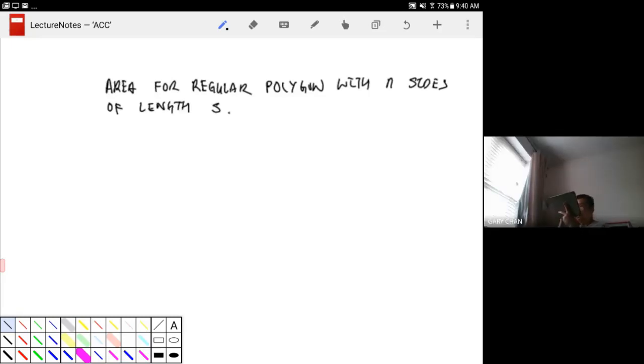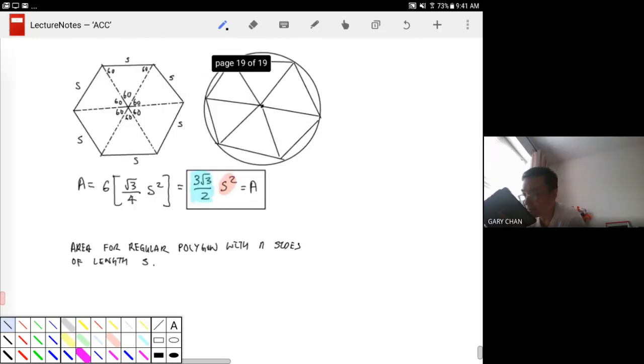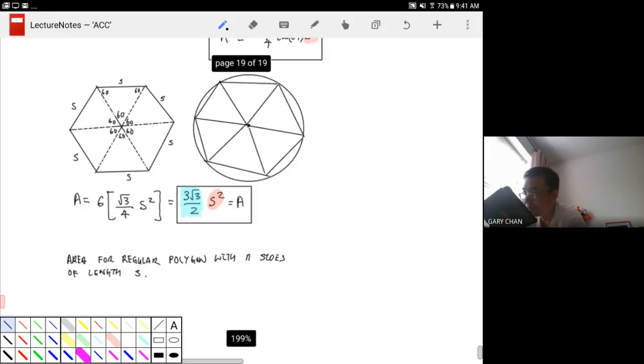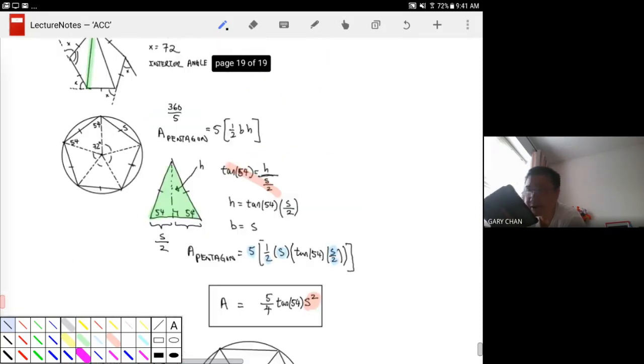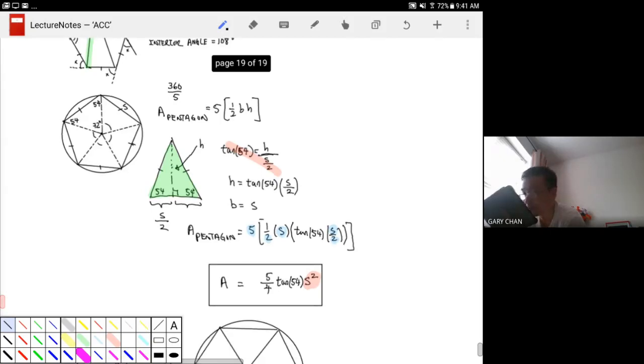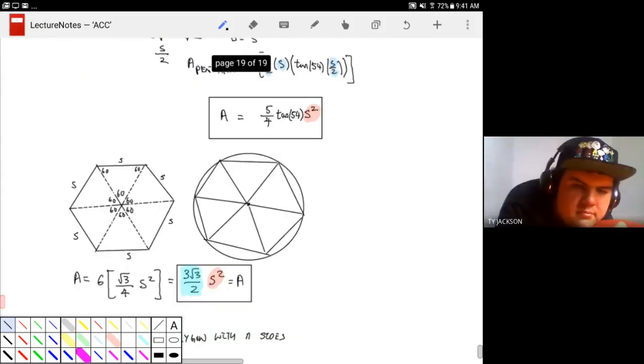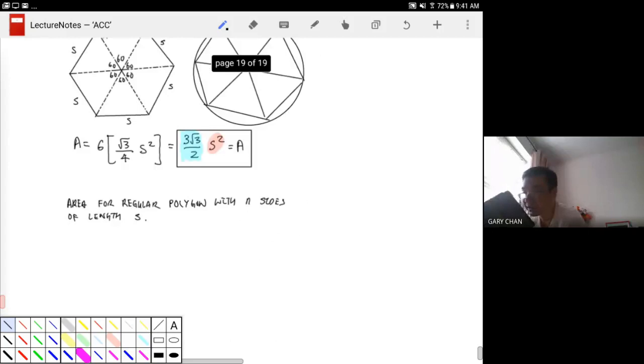If we approach this in the same manner, do you guys see what I did here in the last 2 problems? I took the polygon and I inscribed it inside of what shape? A circle. So I want to do the same thing here.